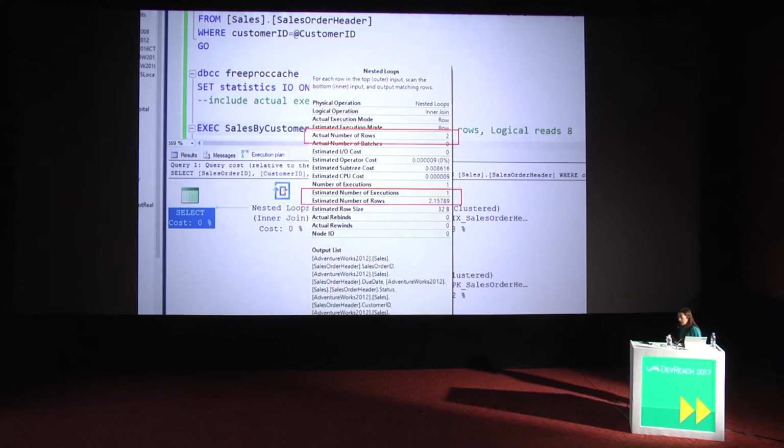So for 2 customers, it's worthwhile to perform an index seek operation or a bookmark lookup. And it takes 8 logical I/O operations because I have 2 customers that I'm searching for in my non-clustered index, and for each of them I need to perform 3 logical I/O operations, or reading 3 pages.